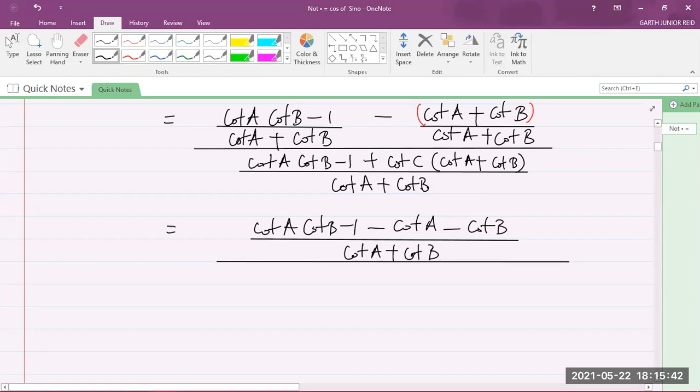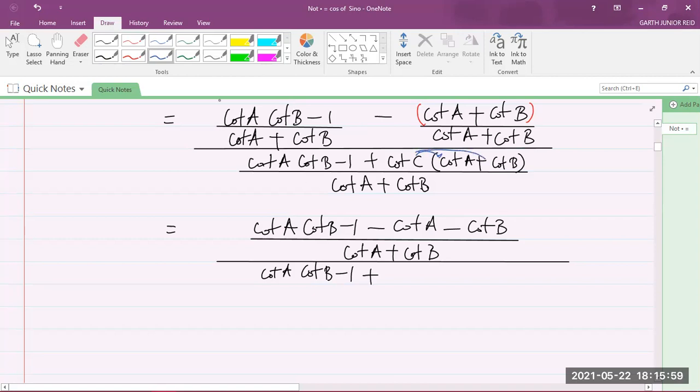Now let us simplify the numerator here. We will have cot A, cot B, minus 1 plus. I'm now going to distribute the cot C inside the brackets here.